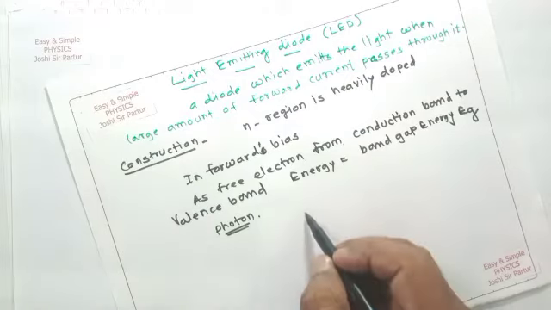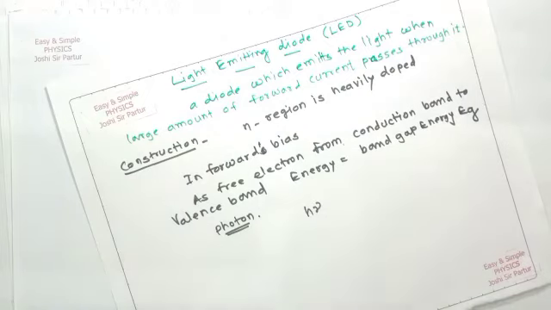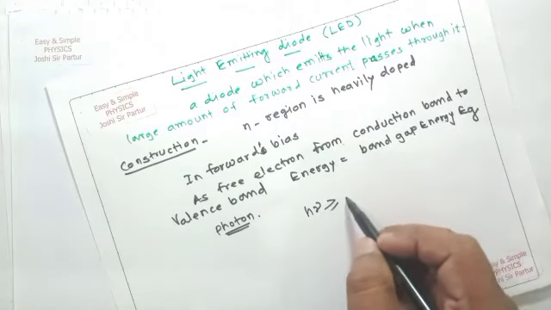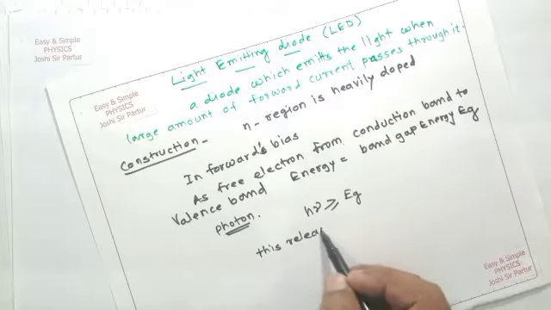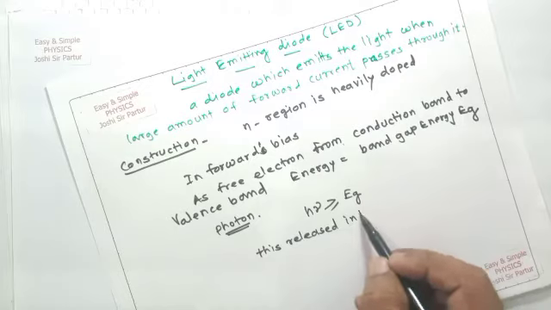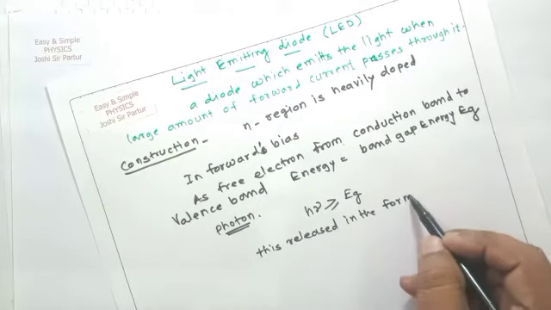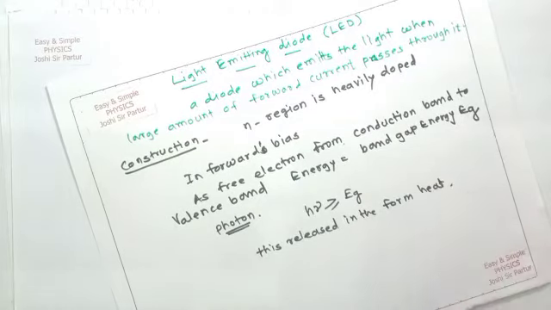So from Planck's quantum theory, the photon energy h nu is greater than or equal to Eg, the band gap energy. In an ordinary p-n junction diode, this is released in the form of heat also.